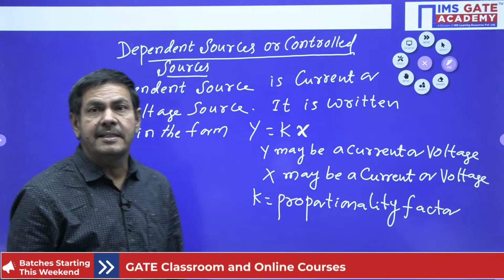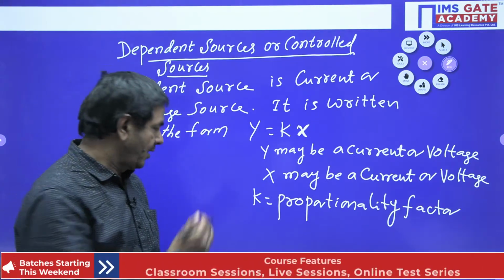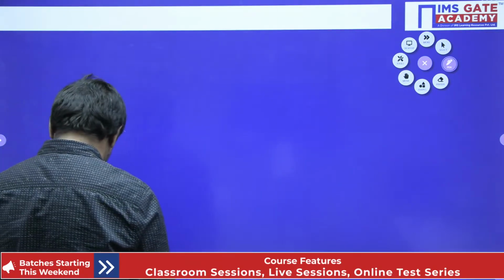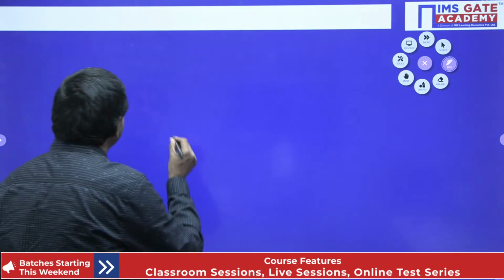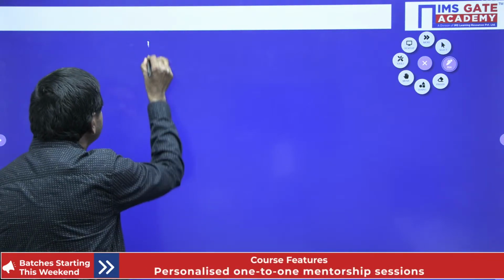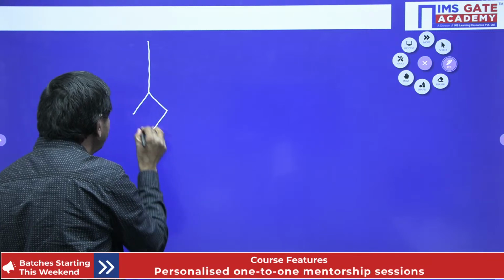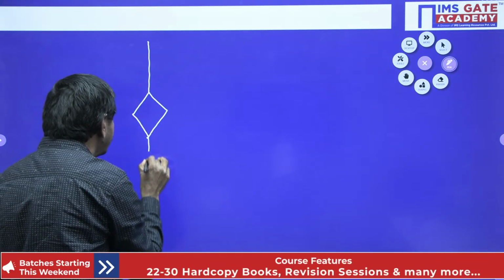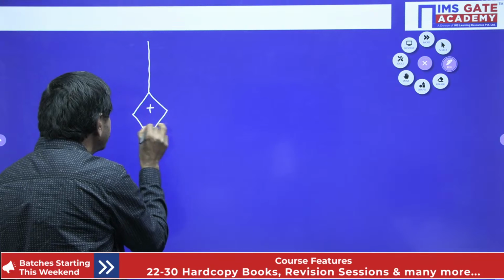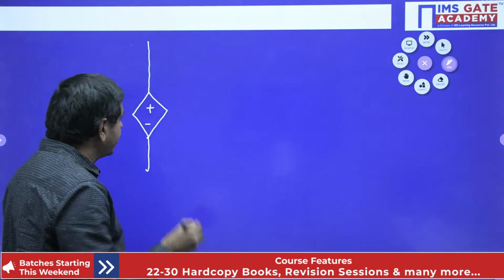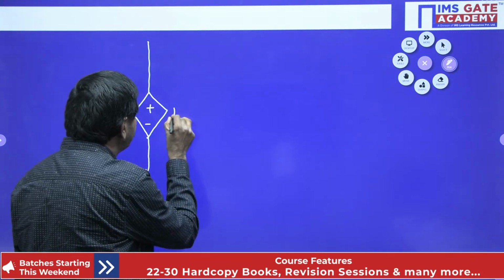But what dependent sources are possible? I will draw how that symbol is to be taken here. Suppose I have taken a voltage controlled voltage source. For a voltage controlled voltage source, we put a diamond shape. They will draw it like this. This is one of the voltage sources. This voltage source depends upon K times some other voltage.